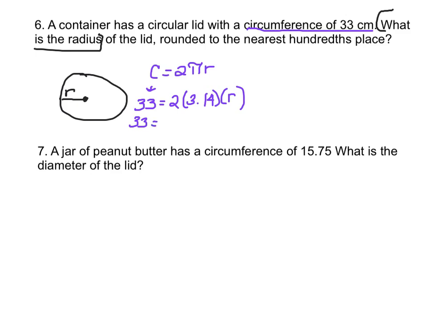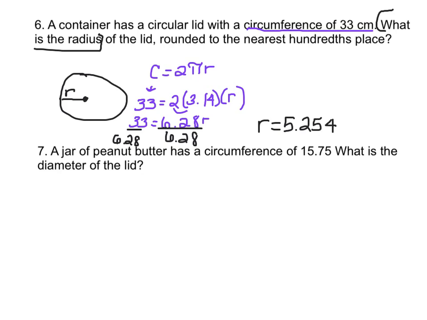I can go ahead and multiply 2 times 3.14, and I get 6.28 r. To get r by itself, I just divide both sides by 6.28. And I get r equals 5.254.